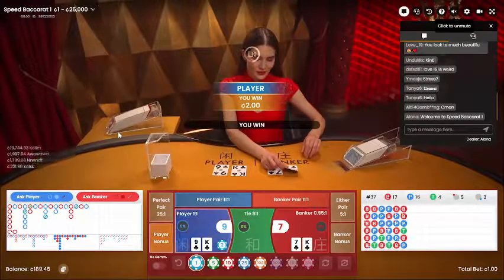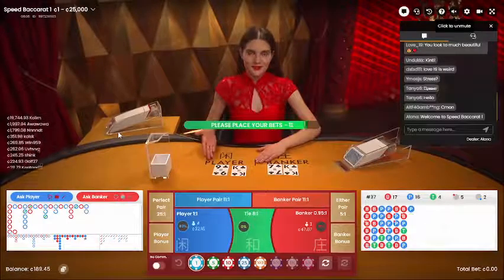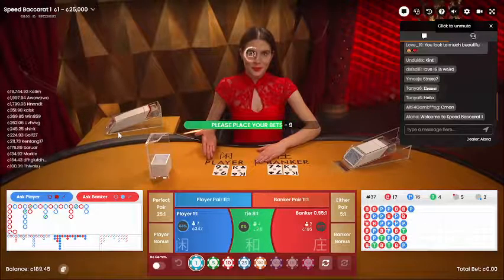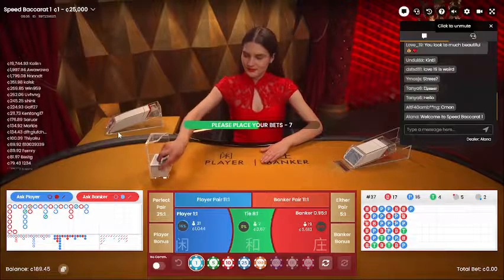Looking very good. Okay, so we won on our very first bet, winning 1 unit.